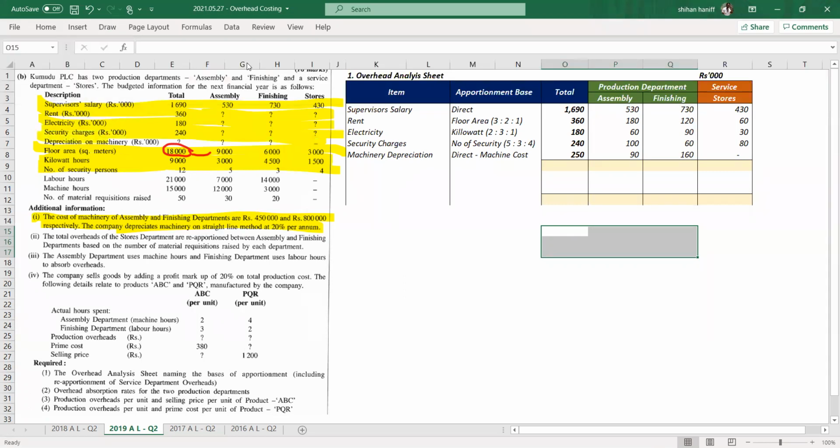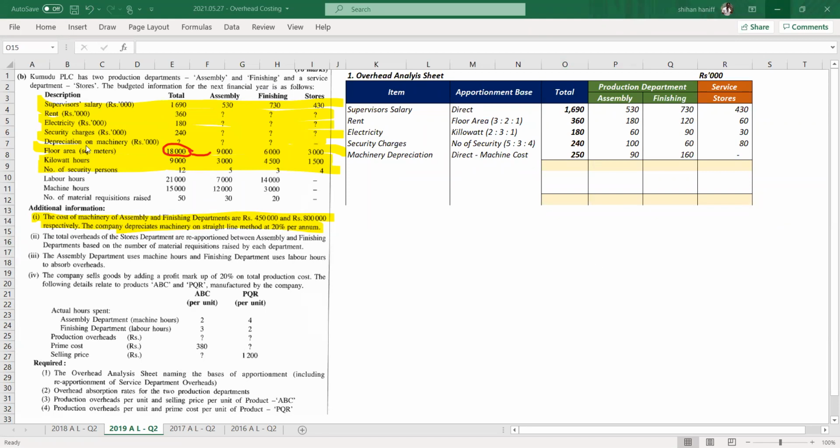So we did all these expenses. There is a question, if they have mentioned the data already, we mentioned direct.